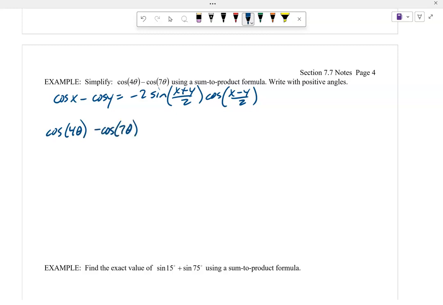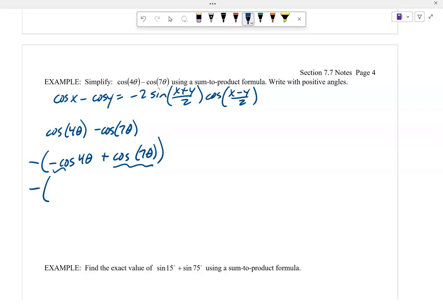You can either leave it like that and apply the even-odd properties of sine and cosine, or you could factor a negative out, which would be negative cosine 4 theta plus cosine 7 theta, and then you can switch these two.